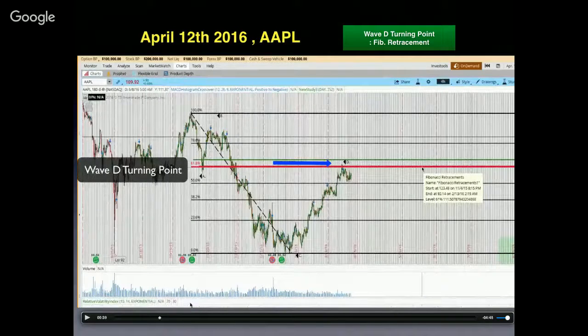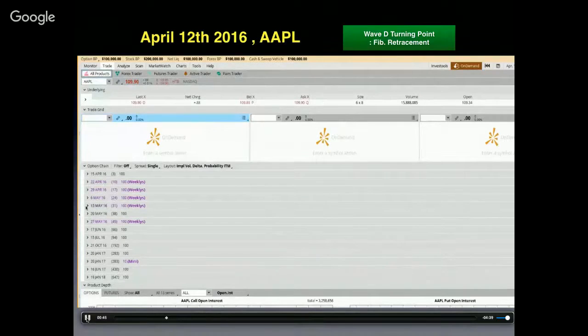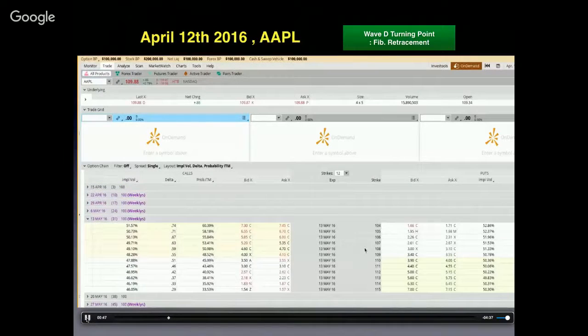video. All right, so to get wave D, all you need to do is to draw a retracement. Your first click will be 100%, second click 0%, in between you get 61.8, which forms wave D's turning point. So with that information, I'll be able to establish a bearish vertical spread.